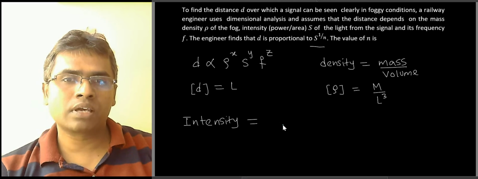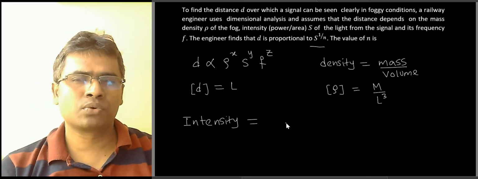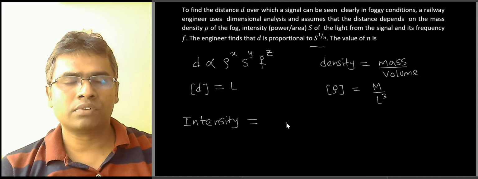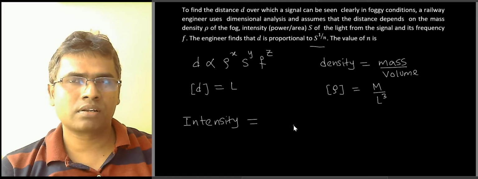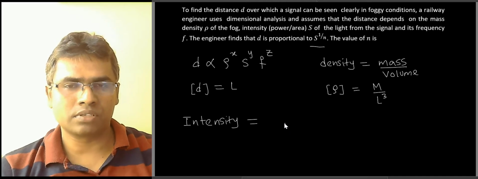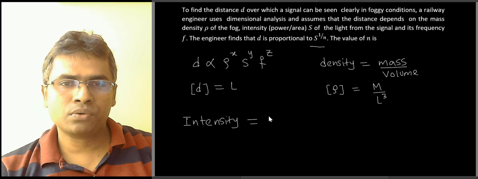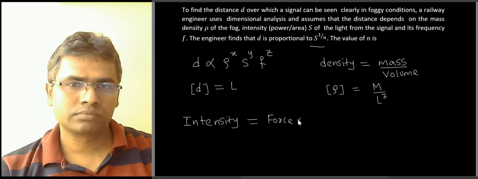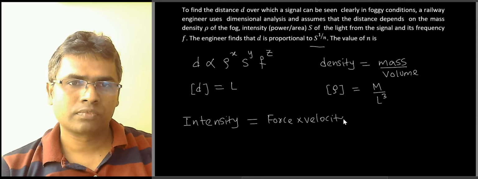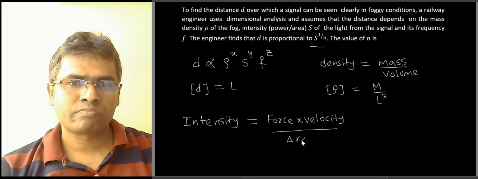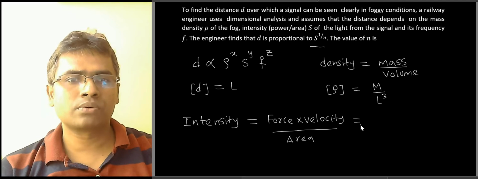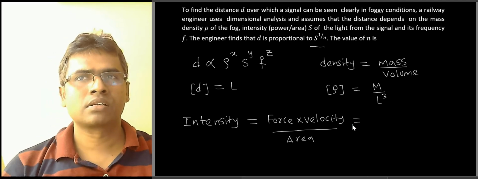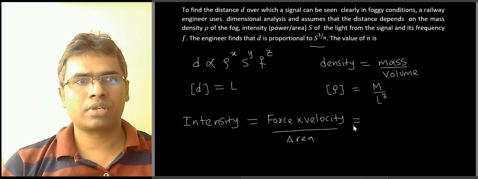now power can be written in two ways. Either you write it as work done per unit time, or as force times velocity. So let's say I use force times velocity, divided by area. Now force is mass times acceleration, and acceleration is change in velocity over time taken.